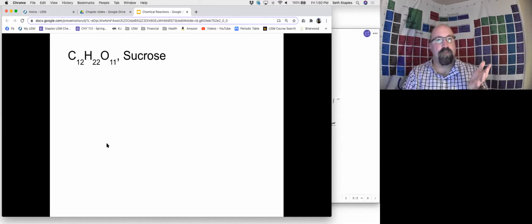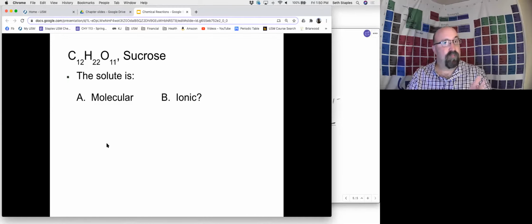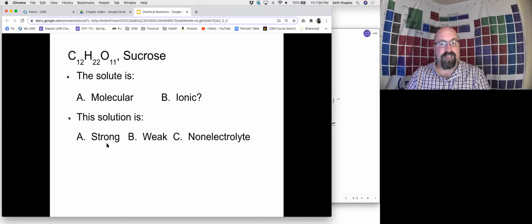Now we have table sugar, common table sugar, sucrose, C12H22O11. So we ask ourselves, ionic or molecular? That's all nonmetals, right? So it's going to be a molecular compound, a covalent compound, which means that this solution is a non-electrolyte. So this solution will not conduct electricity whatsoever.